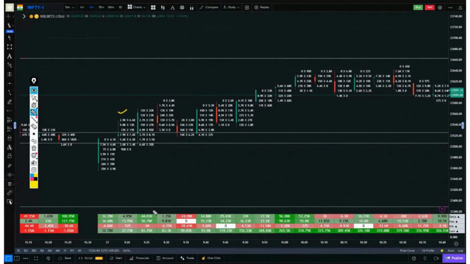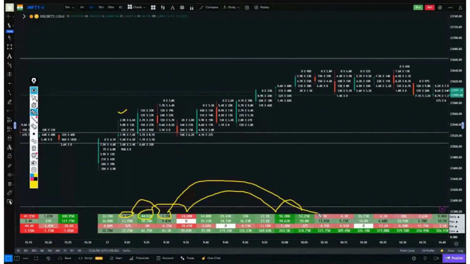For example, this delta, around 44,000, is also good, around 96,000, around 53,000, and look at the other candles, only 4,000, only 1,000, only 3,000, only 6,000, only 6,000, only 300.